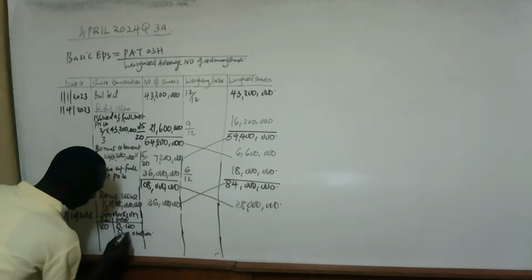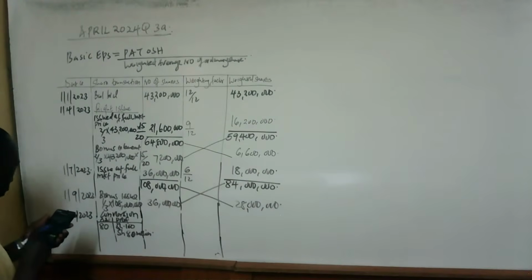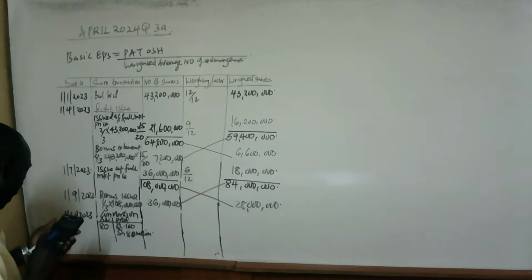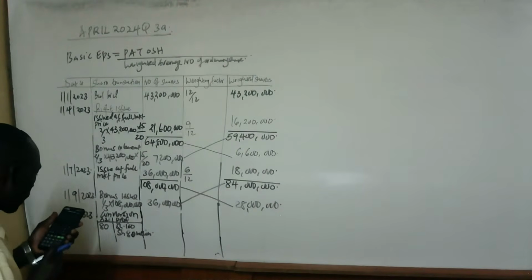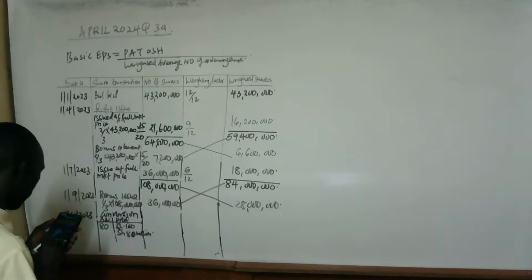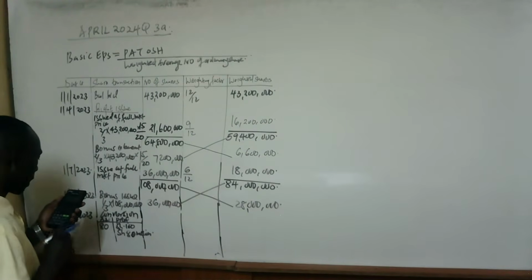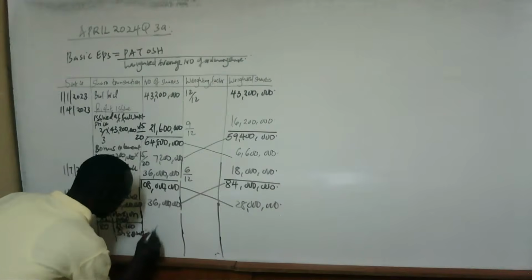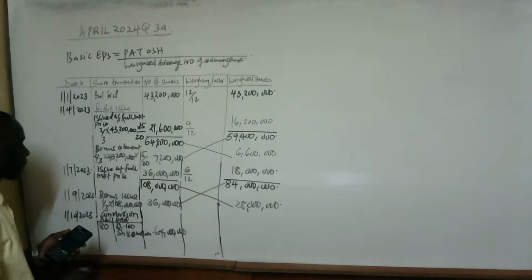So for the 80 million, we multiply by 80, then divide by 100. And in that case you are going to get 64 million.